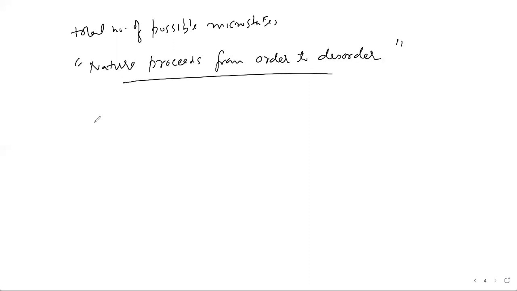If you prefer, there is an equivalent interpretation of entropy on the basis of information theory. Information, or rather missing information, is the quantity that changes in such a spontaneous process. So the other interpretation comes in terms of information theory, and we will look into it.